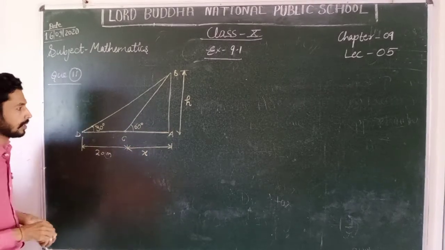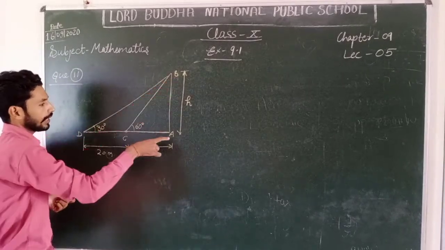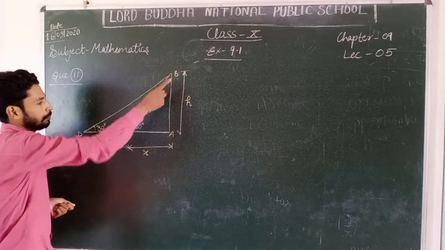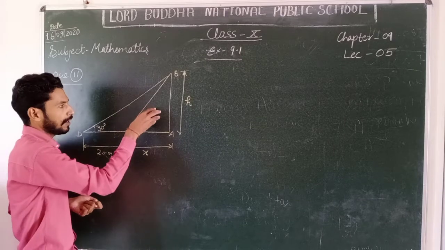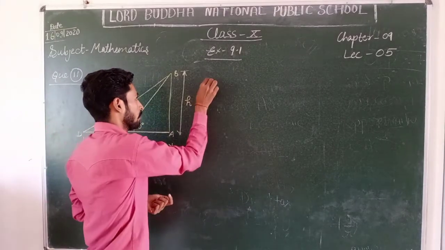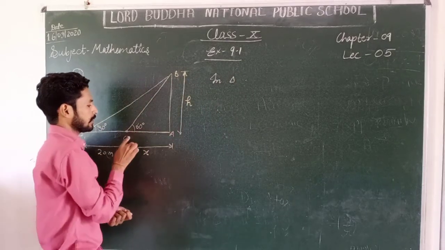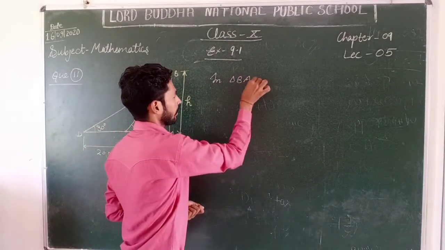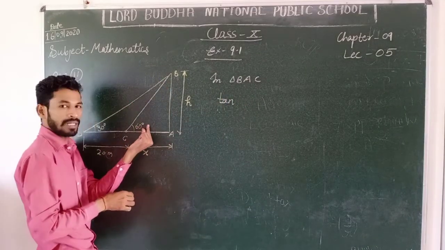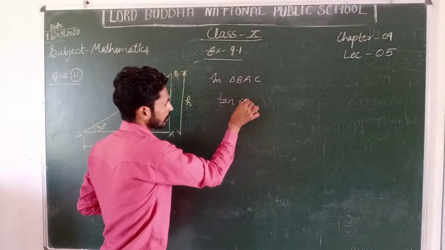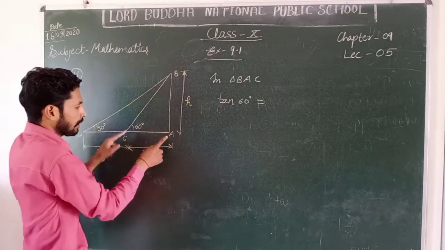So there are two triangles. First is BAC and next is BAD. We will go for the first triangle. For the solution, in triangle BAC we can apply tan. Here the angle of elevation is 60 degrees, so write tan 60 equals perpendicular upon base.